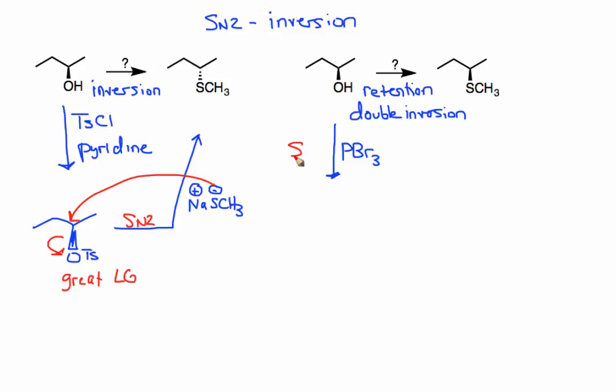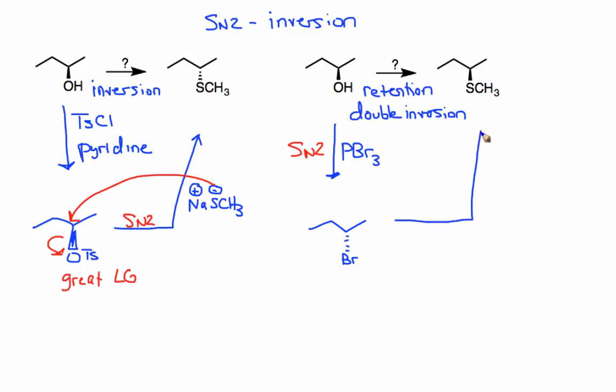So this is our first SN2. So we convert this alcohol to an alkyl bromide, and because it goes with inversion, the bromine goes back. Now we have something that has a back configuration, so a second inversion will get us our desired stereochemistry.